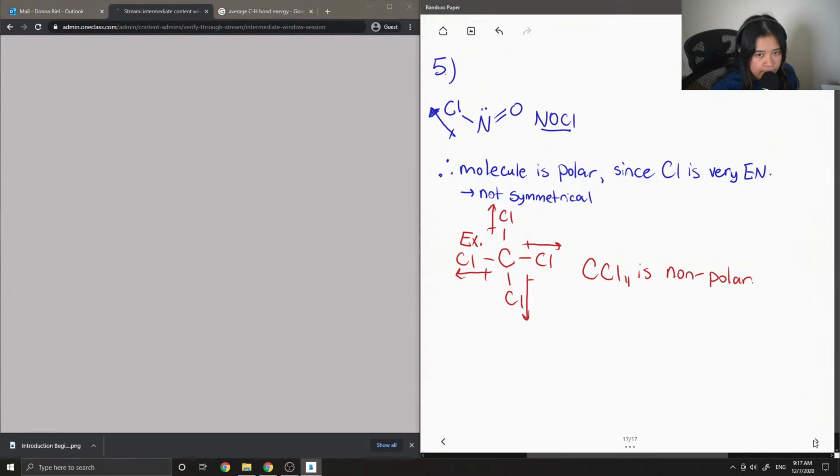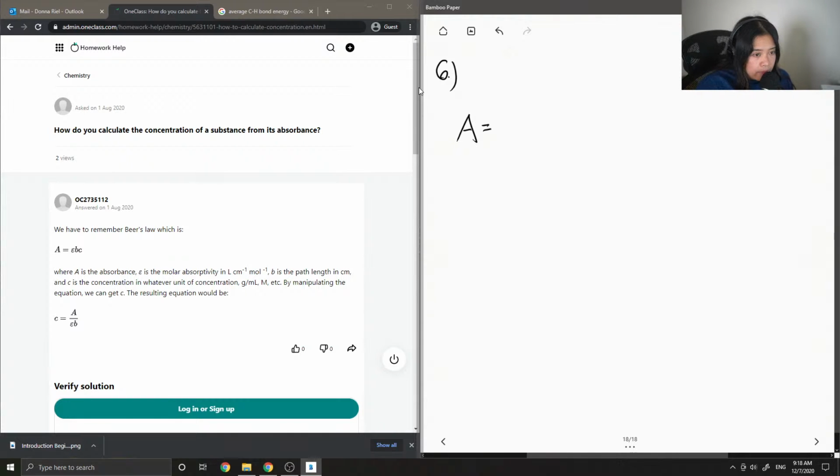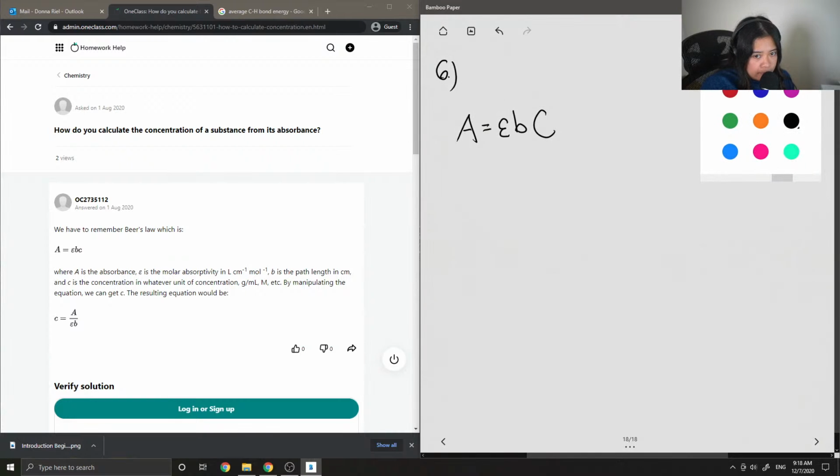Okay, so on to question number 6. How do you calculate the concentration of a substance from its absorbance? We can use the equation: absorbance is equal to molar absorptivity times B times concentration.